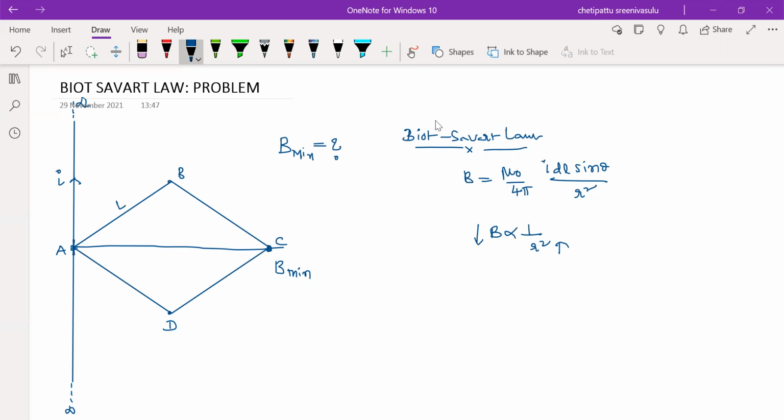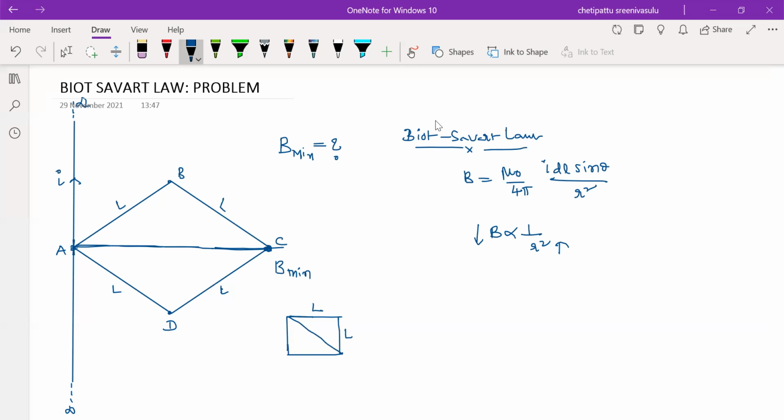Given in the problem, the square side is L, you assume. So what about this distance? If the square side is L, what about this distance? In a square, this is the square, so this is L. This is L, so what is the diagonal?